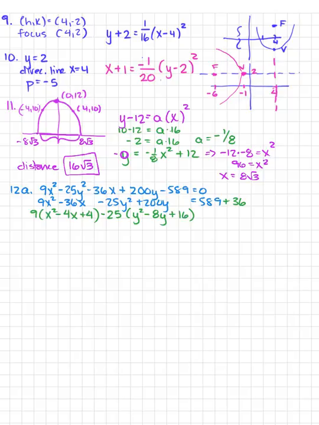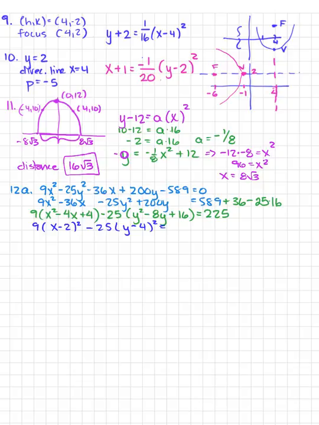Factor out a -25, so this will be y squared minus 8y plus 16. So I'm subtracting 25 times 16. I don't know exactly what that is, but I'm going to write here minus 25 times 16. I do know that in the end that will equal 225 when you work it out. So now we have 9 times (x minus 2) squared minus 25 times (y minus 4) squared.